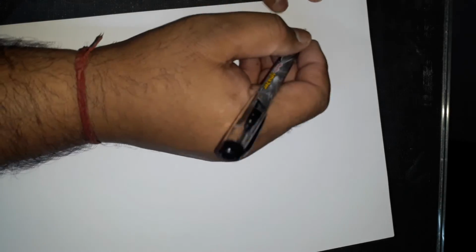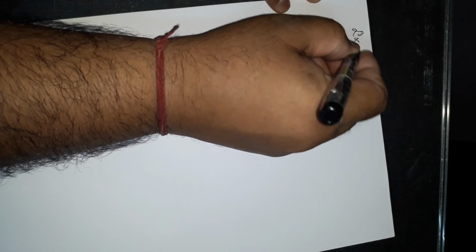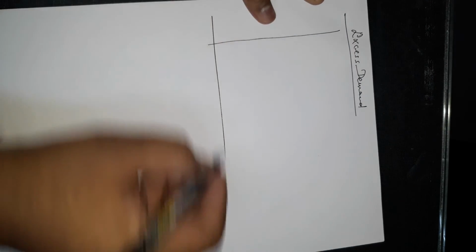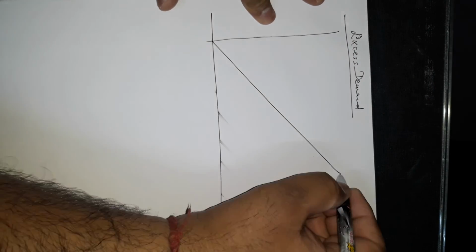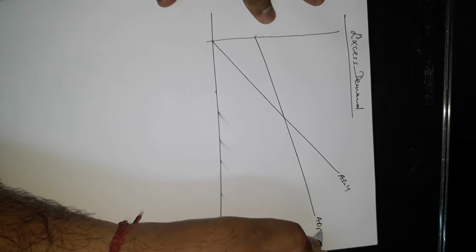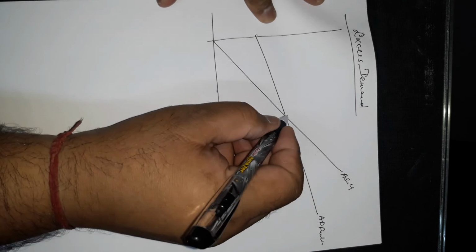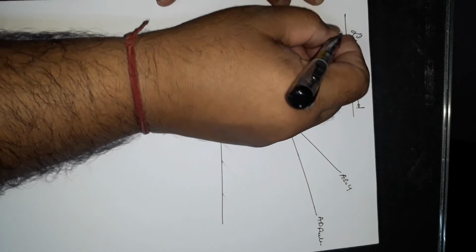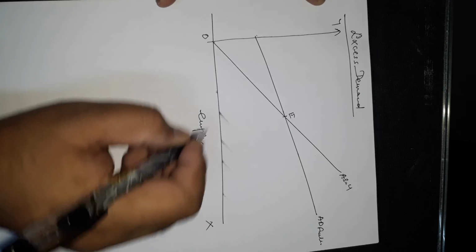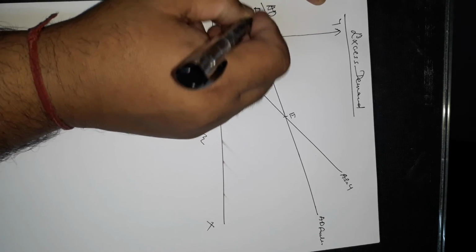excess demand and the deficit demand. So what is the excess demand? Excess demand we define with the help of the diagram: aggregate supply, income, aggregate demand, full employment equilibrium. E point is the equilibrium point, OY axis, OX axis, employment level, AD and AS.